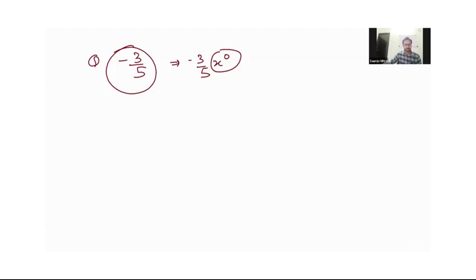So we can express this term as a product of a constant and a variable, and the power of the variable is a whole number, non-negative. That means this is a polynomial.